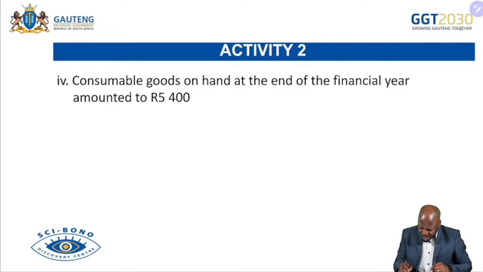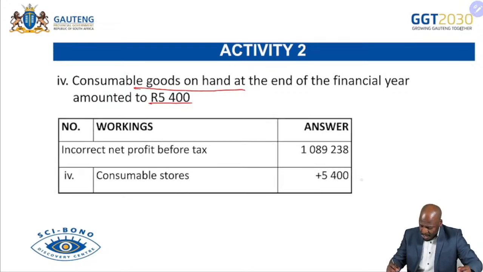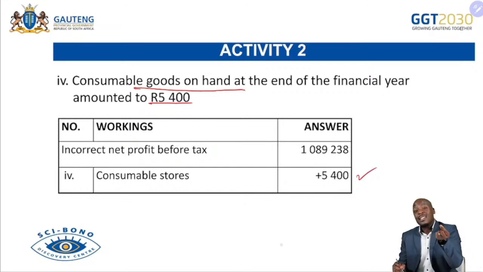So here we're told that there's consumable goods of 5.4 that are still on hand. What would we do? Simple. We would add it. Why are you adding it, Mr. Simbi? Because whatever we had purchased of these consumables was recorded in the income statement in its fullness.